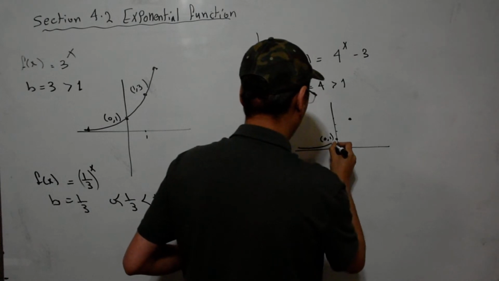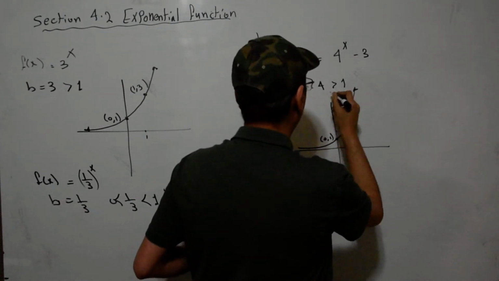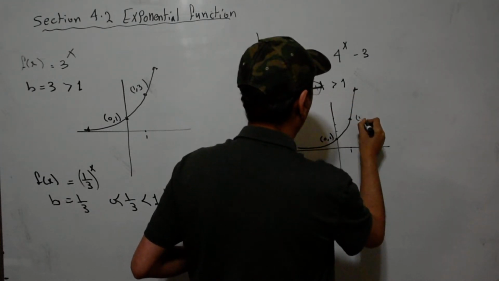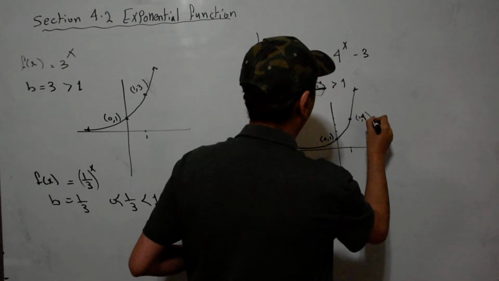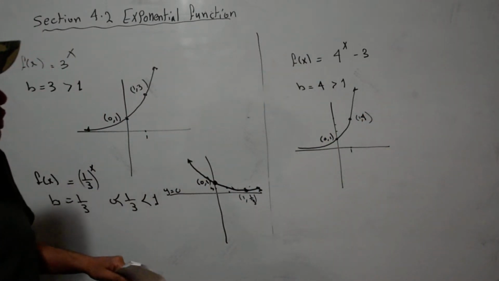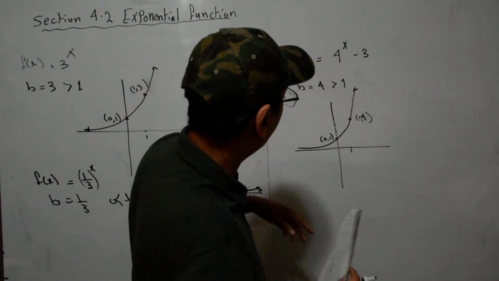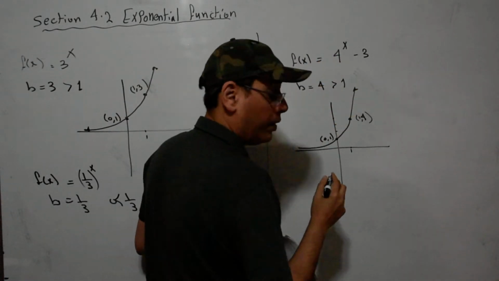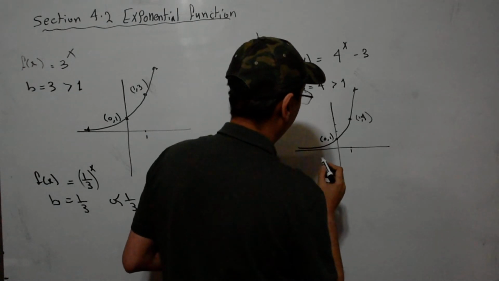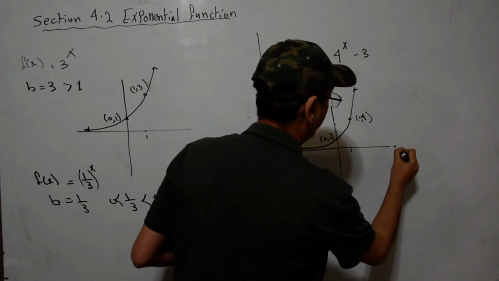I'm going to graph the original function here, and this is 1 and 4. So it's the original function. Now I'm going to shift this down by negative 3. The easiest way to do that is to think about this as y equals 0.